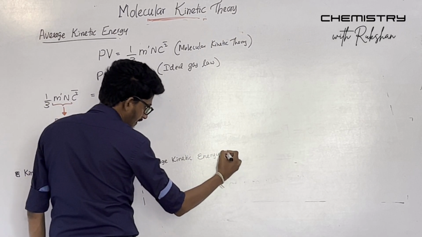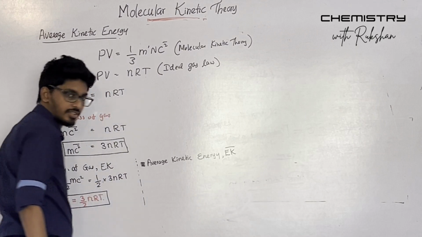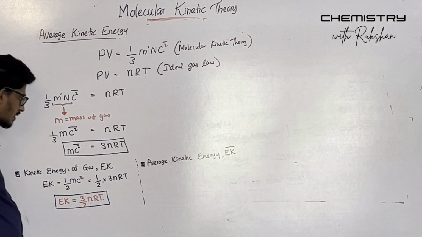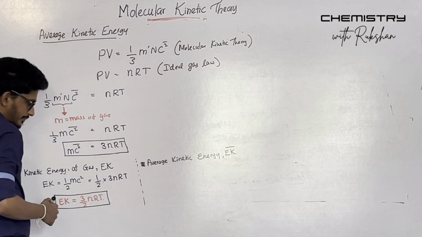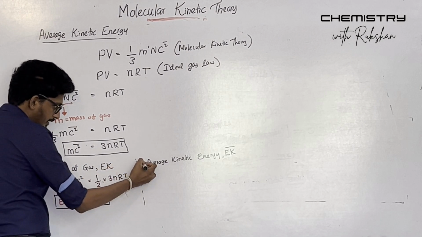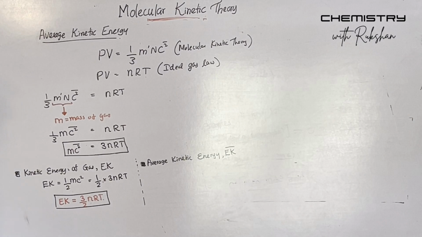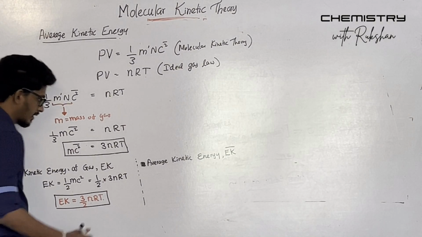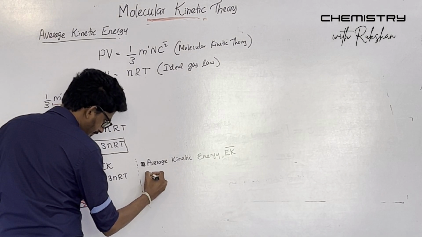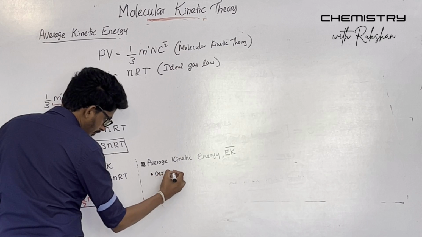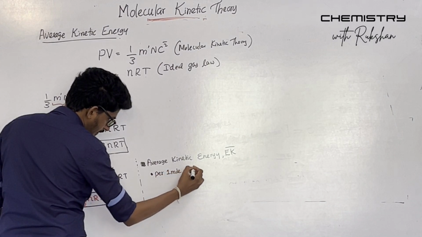We can denote it as E K bar, the average kinetic energy. That can be derived per 1 mole of molecules as well as per molecule. First, we'll come up with per 1 mole of molecules.